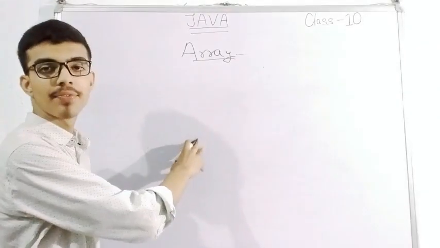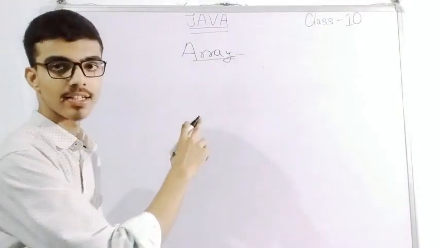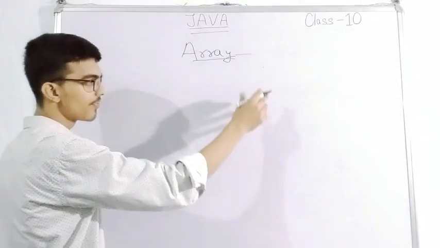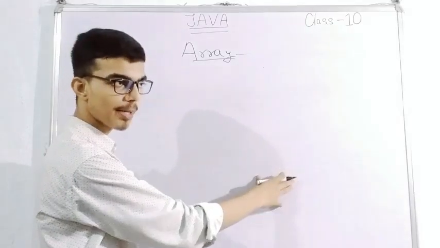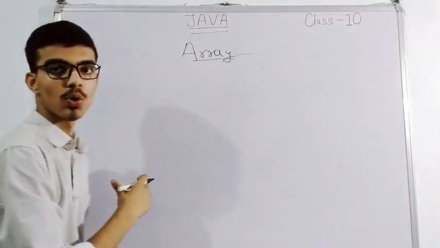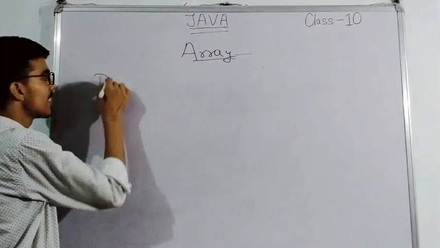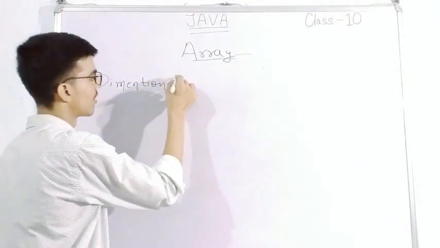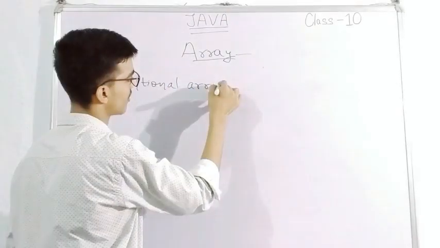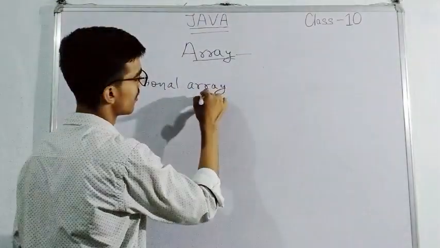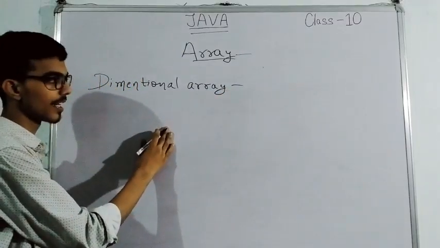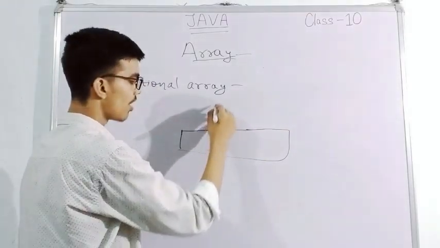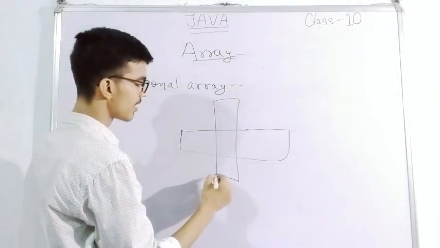In this array we have two parts. I have said dimensional and non-dimensional. So today we'll know about dimensional array. What do we come to know about dimensional array? This means that it will be in the form of a certain dimension.